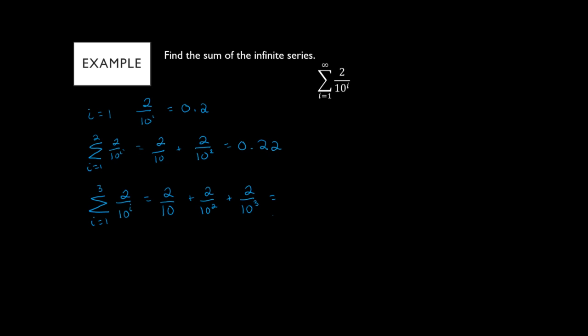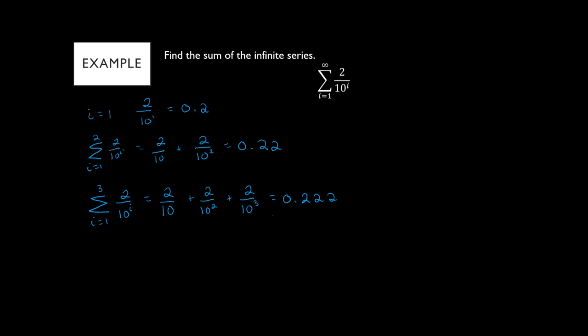I'm going to add that into my calculator. I get 0.222. Do you see the pattern that is starting to develop here? It seems that each time I'm adding another decimal place of a 2.